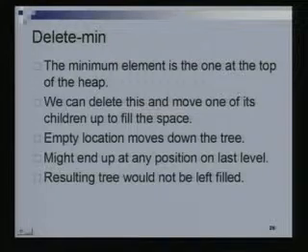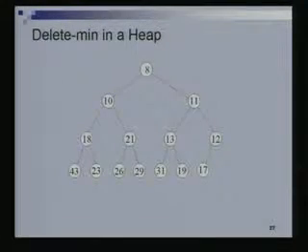Just to illustrate what I am saying here, let's look at this picture. We are trying to delete the minimum element from the heap, which is 8. So suppose I were to do that. This creates an empty location here. Now I'm going to take the smaller of the two children and move it up here. 10 is the smaller one, so I move 10 up there.